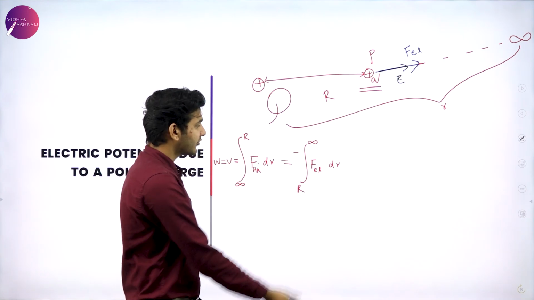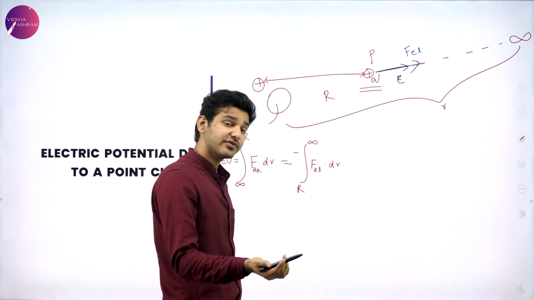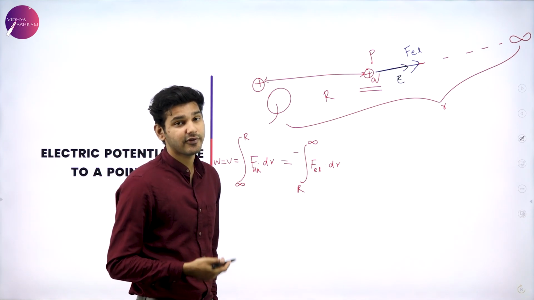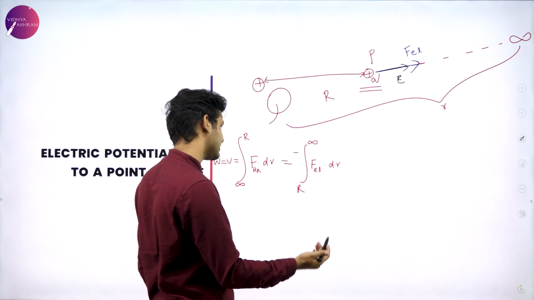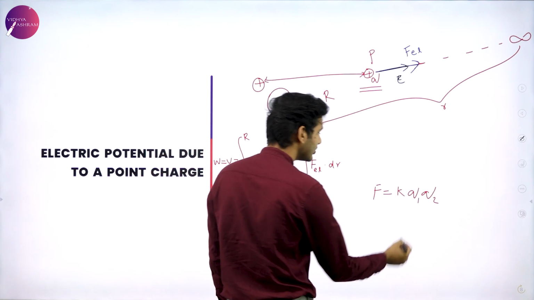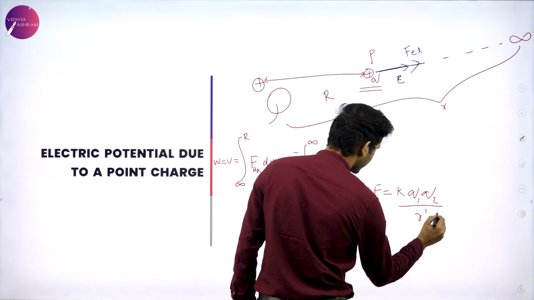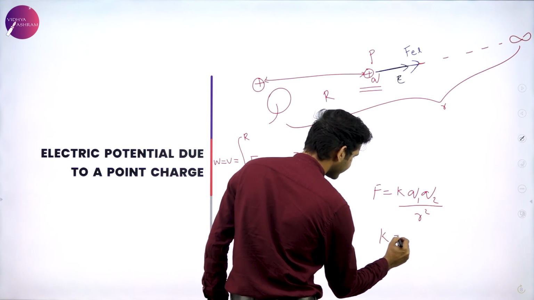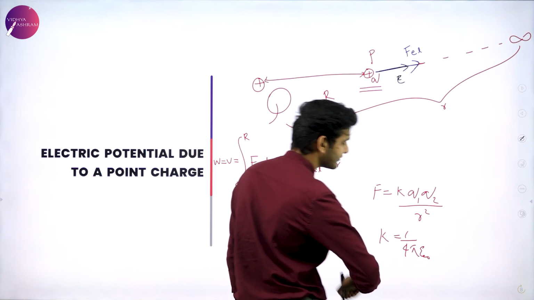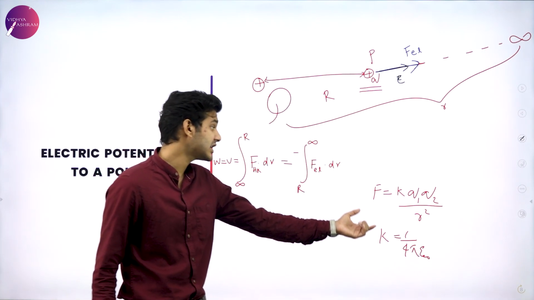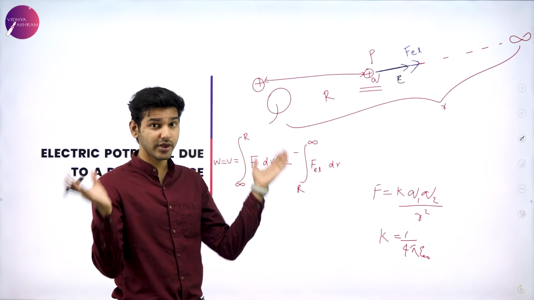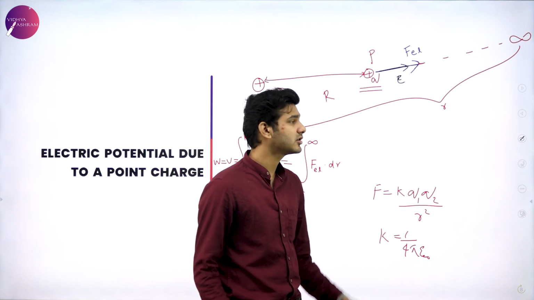Since we got that out of the way, the cosines and sines and everything is out of the way, now we have to integrate this equation. We have found in the previous chapter that F is equal to K Q1 Q2 divided by R square, where K is equal to 1 by 4 pi epsilon naught. We will apply that equation here, where Q1 is the big Q and Q2 is the small q.